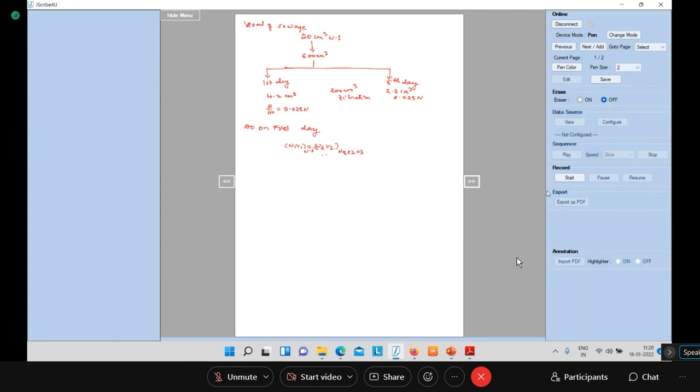On the first day, what is the normality of the water sample you have to calculate? That is N1. The volume of water taken for titration is 200 cm cube.